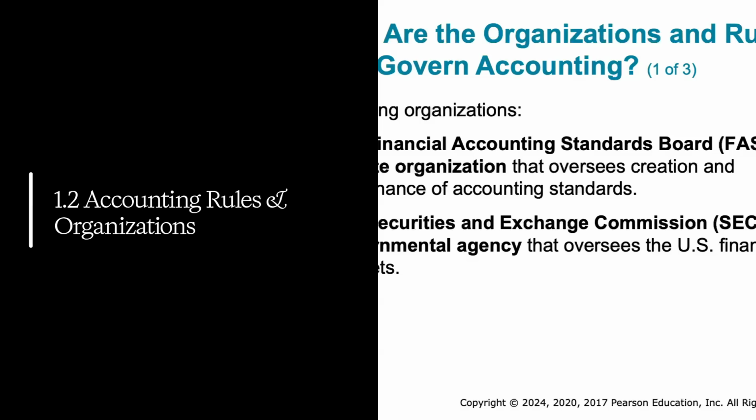But they are not the final authority. They are given their authority through the Securities and Exchange Commission, the government agency that oversees U.S. financial markets, right? The SEC is over everything, but when we're talking about who's going to talk about regulations, different standards, and how we do different transactions, that's always going to be the FASB.